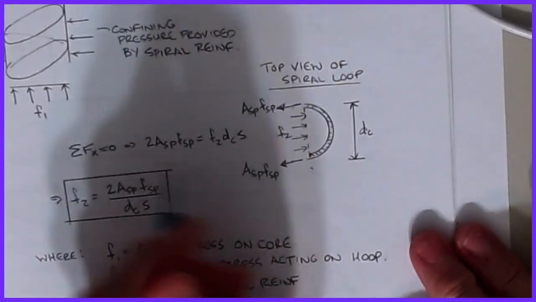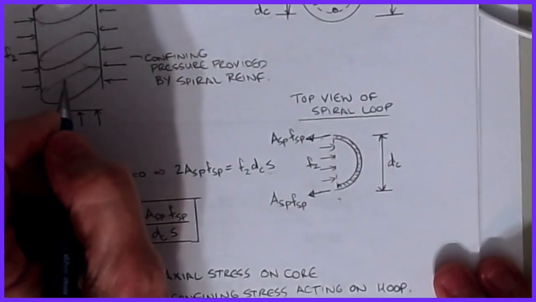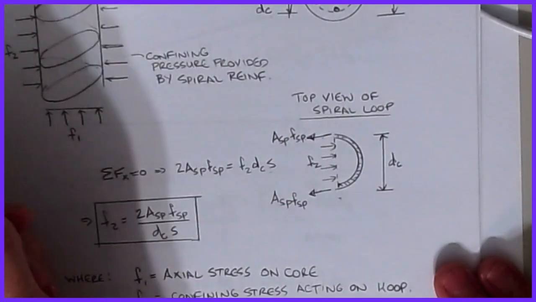That S, if you look on our spiral, is the distance between here and the next one up at the same point.